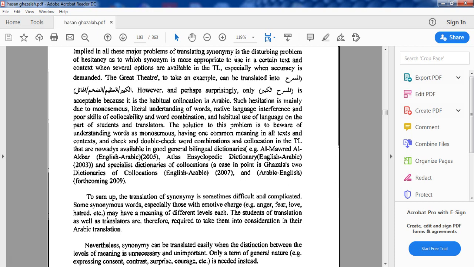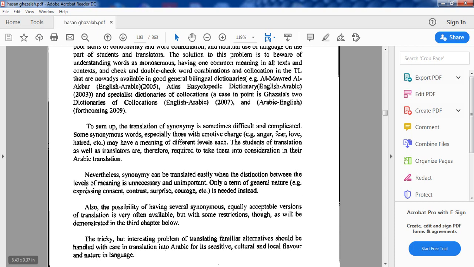The students of translation as well as translators are therefore required to take them into consideration in their Arabic translation. Nevertheless, synonyms can be translated easily when the distinction between the levels of meaning is not important, only a term of general nature, expression of consent, contrast, surprise.